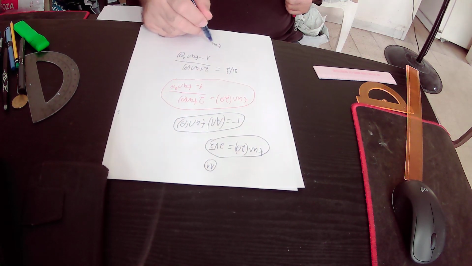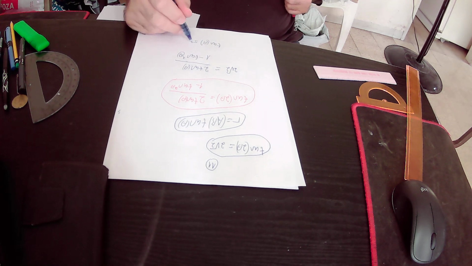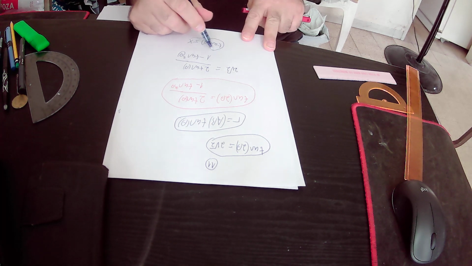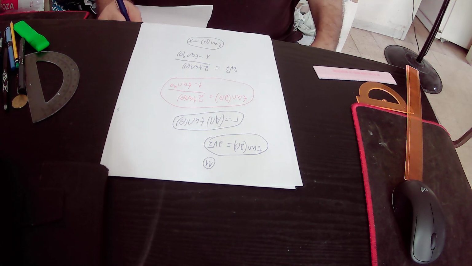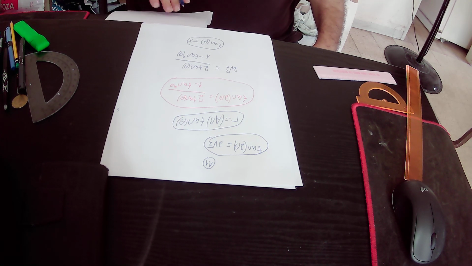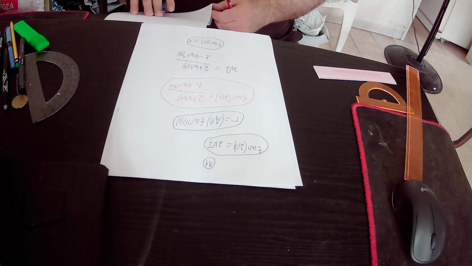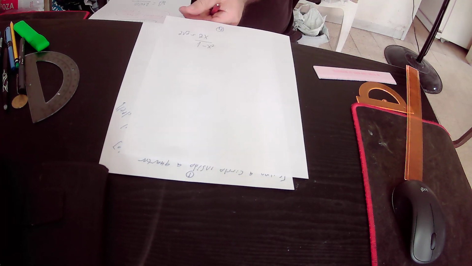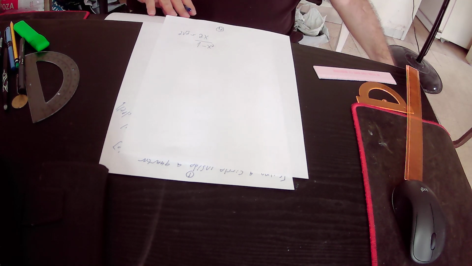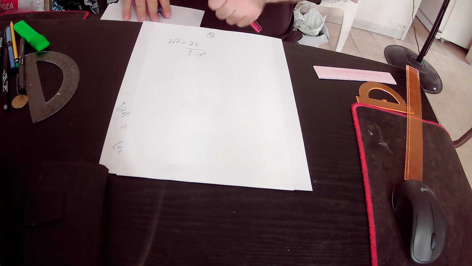So tangent theta equals x according to our definition, and we will substitute tangent theta by x in this equality, and we will get that 2 times root 2 equals 2x over 1 minus x squared.